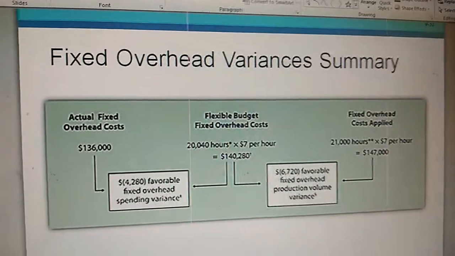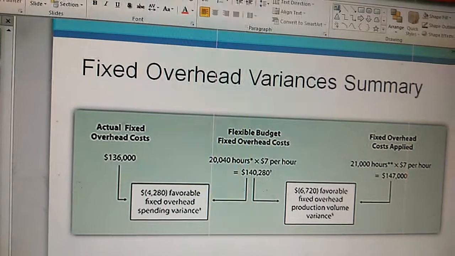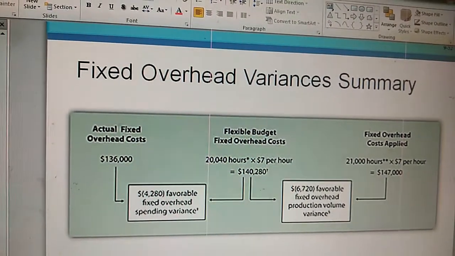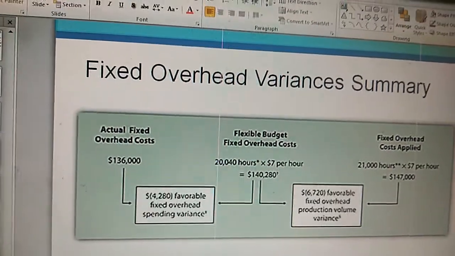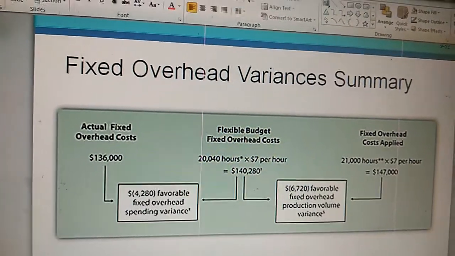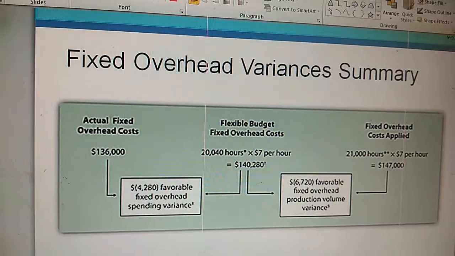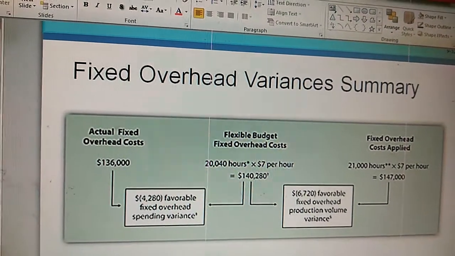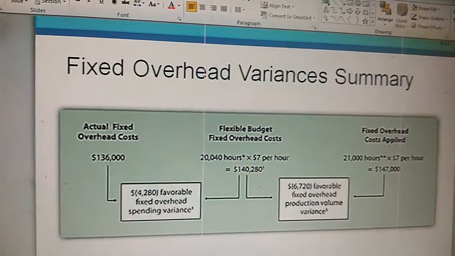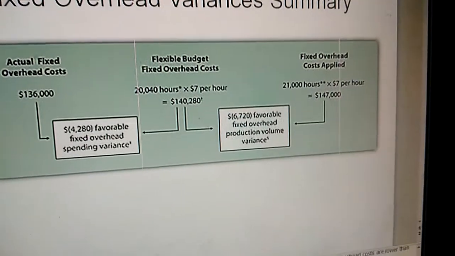Now, let's take a look at the $6,720. It is considered a favorable fixed overhead volume variance. It is taken from the $140,280 flexible budget fixed overhead cost minus the $147,000, which is the fixed overhead cost applied. The variance is favorable because the volume of goods produced and sold was higher than expected.